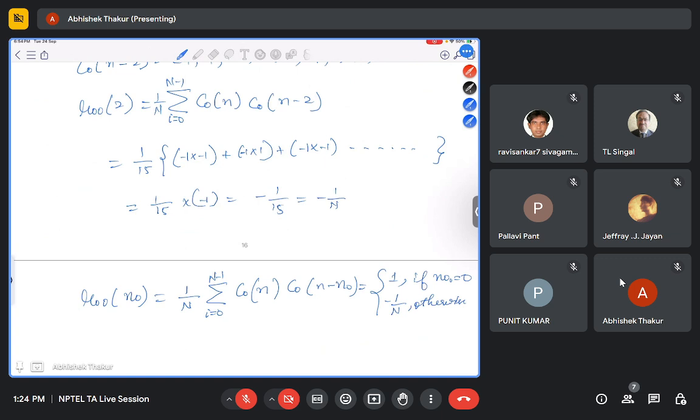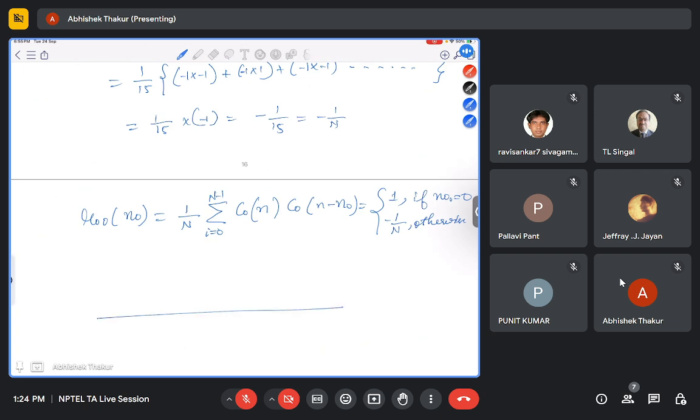So with this, we have seen the autocorrelation of these PN sequences. We can plot a graph. Let's suppose this is our minus 1 by n. So this is the plot of autocorrelation of PN sequences, and this is 1.